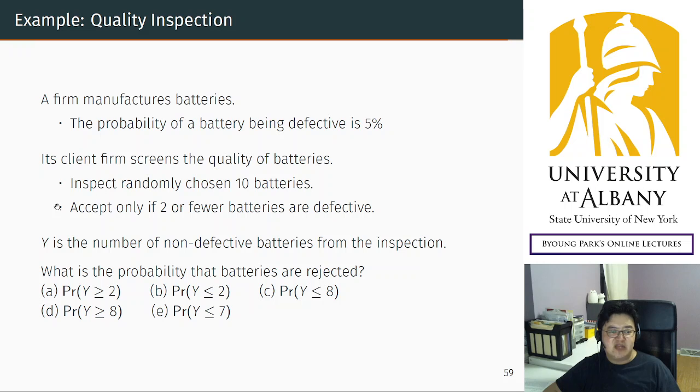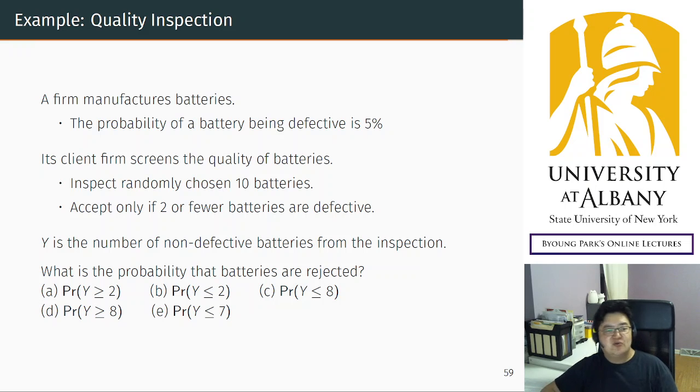So your client inspects this way. First, randomly choose 10 batteries out of your shipment and check if they are defective or not. So 10 batteries are checked and accept only if 2 or fewer batteries are defective.